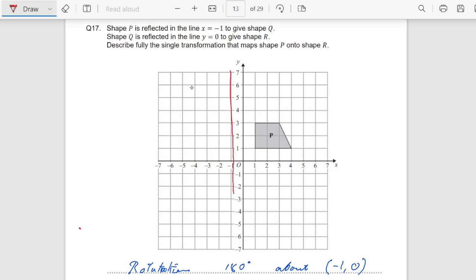So if we reflect it in that line, and then reflect it in the line y is equal to 0, which is this line here, we can see that that's a 180 degree rotation about the point -1, 0.